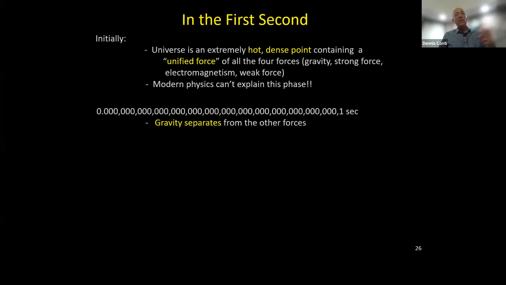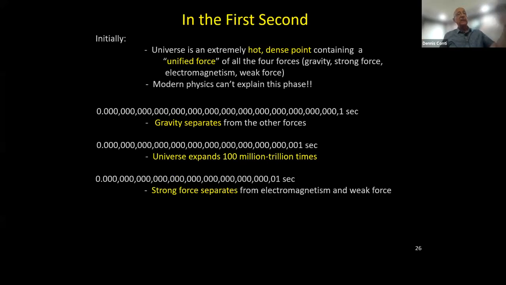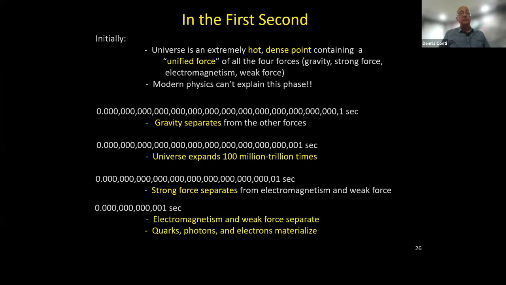In the millionth of a trillionth of a second, gravity separated from the other forces. So gravity splits off from this super force we talked about. And then in the next zillionth of a second, the universe expanded 100 million trillion times from one point. In the next zillionth of a second, the strong force separated. Then the electromagnetic and weak force separated.